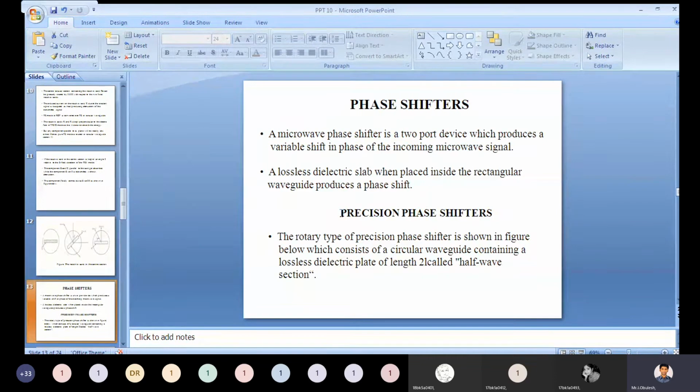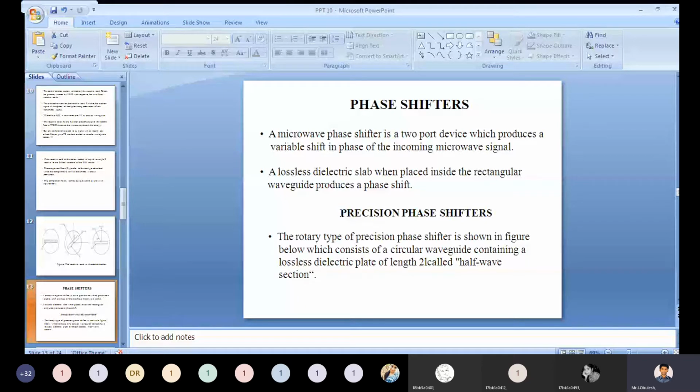Next one is phase shifters. A microwave phase shifter is a two-port device which produces a variable shift in phase of the incoming microwave signal.